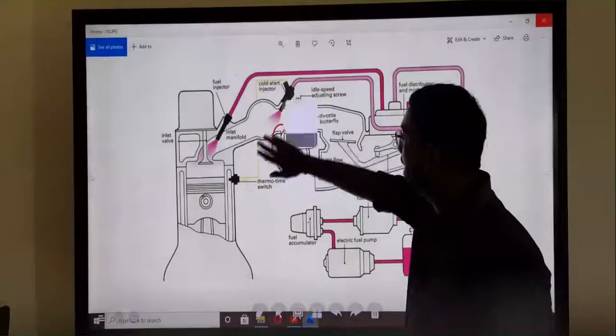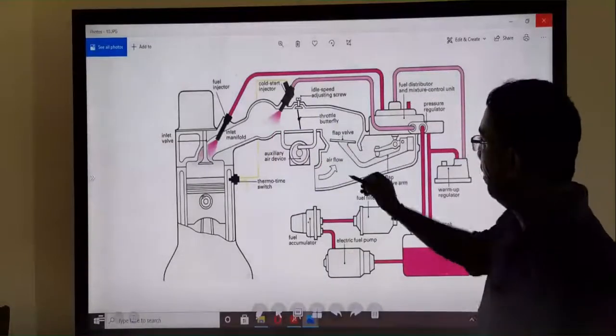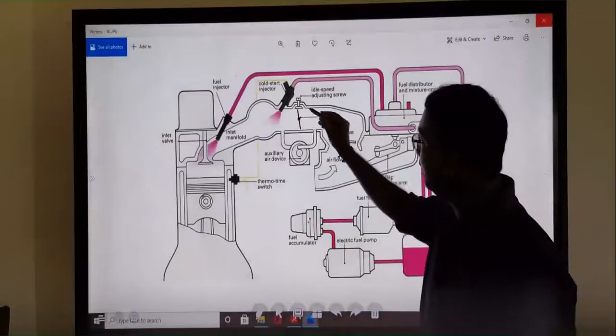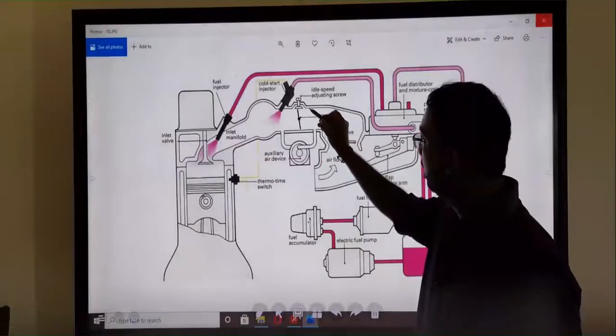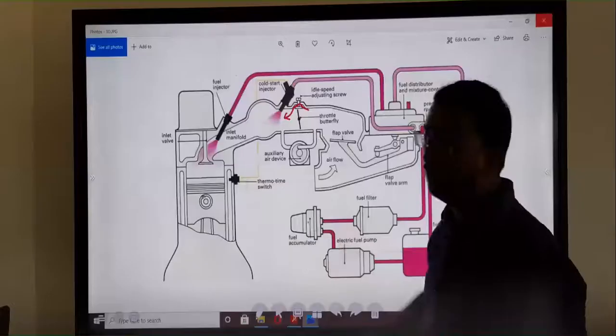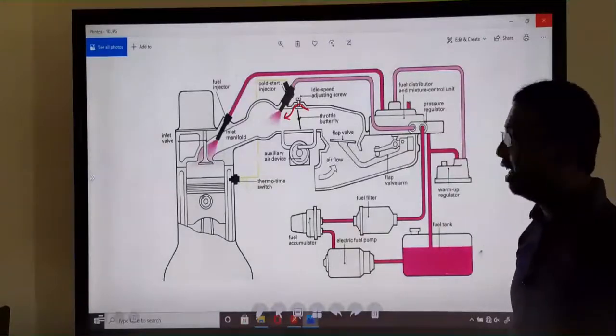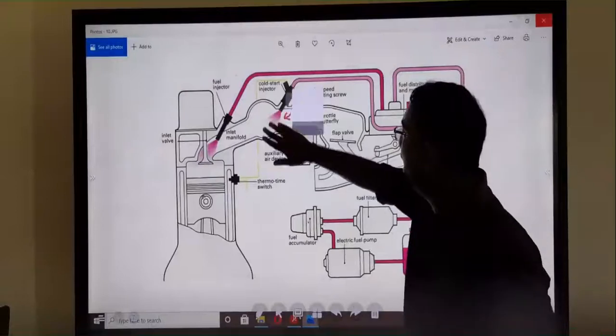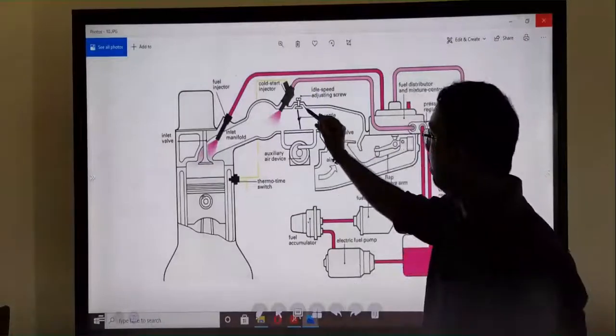The auxiliary air valve is the bypass line for the air, because the air flow comes like this here. You can see here this is the idle line, okay. There is a small path when the engine is working in idle condition, this throttle body is fully closed. That time there is a small path here.